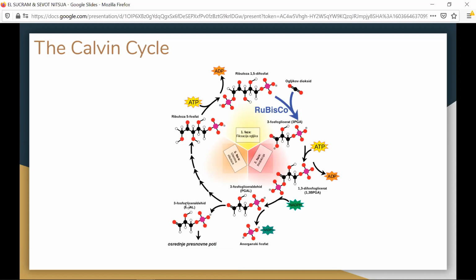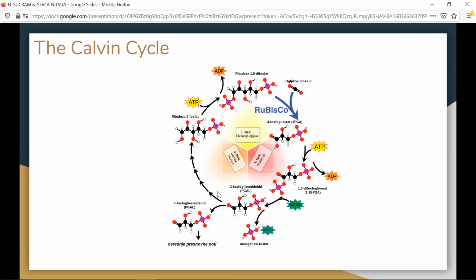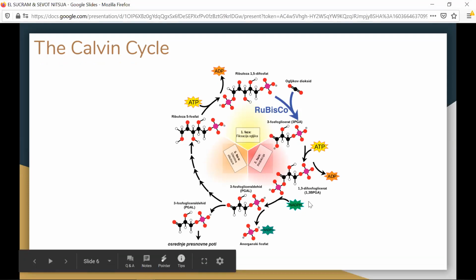That is all of step 2. Does this make sense? Guys? It does? Okay.